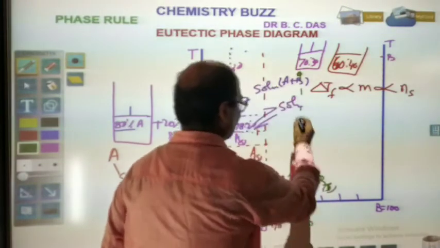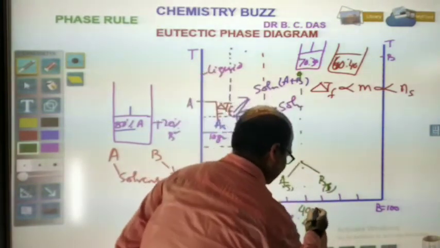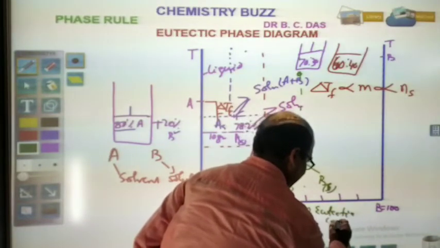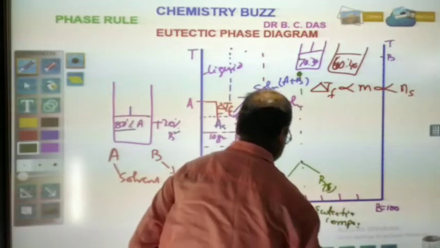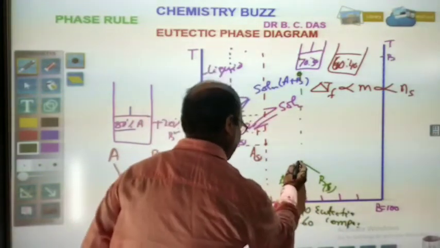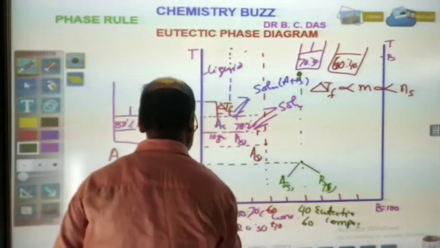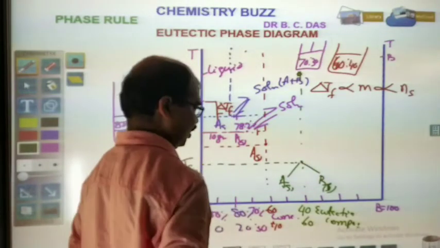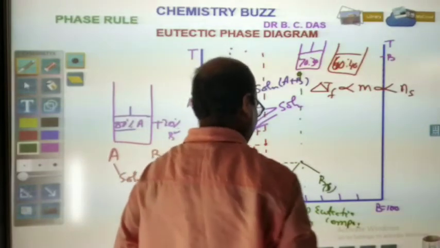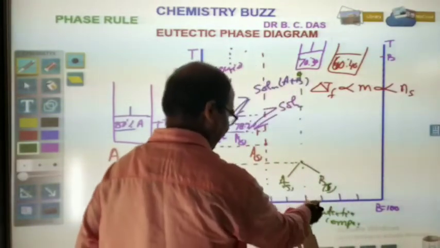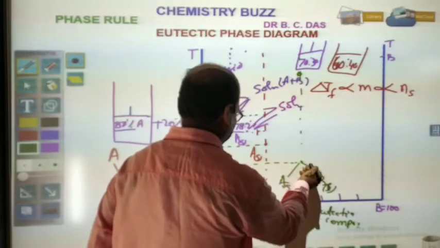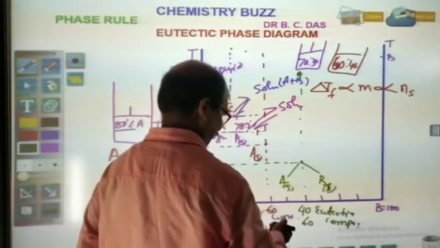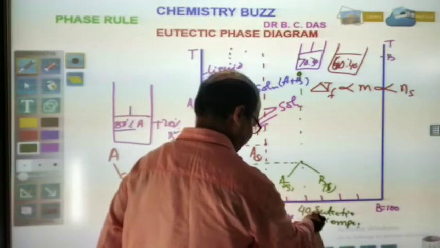So this composition is called the eutectic composition, and the corresponding temperature is called the eutectic temperature. This is the lowest temperature where this mixture melts. The composition is 40 to 60.